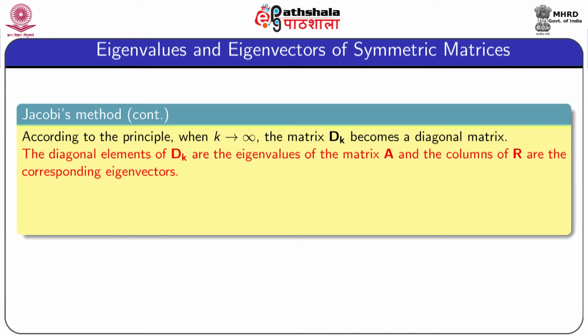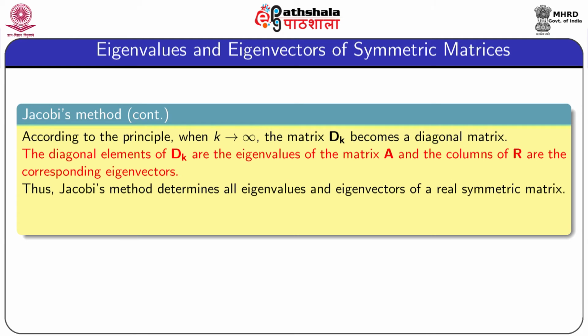The diagonal elements of Dk are the eigenvalues of the matrix A, and the columns of R are the corresponding eigenvectors. Thus, Jacobi's method determines all eigenvalues and eigenvectors of a real symmetric matrix.